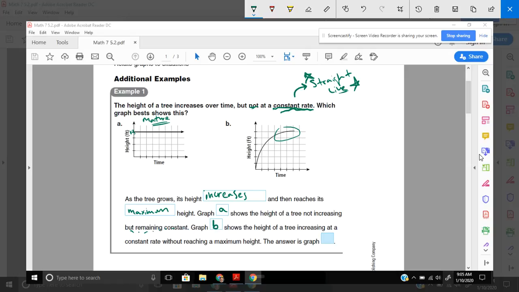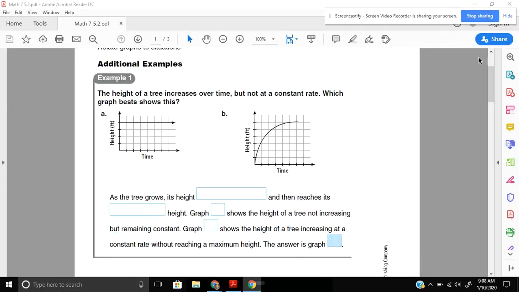Graph B shows the height of a tree increasing at a constant rate without reaching a maximum height. The answer is graph B. So this is going up quickly and then slowing down. Definitely not at a constant rate. Okay, let's go to our next example.